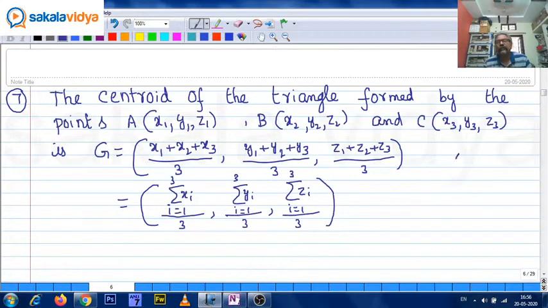Understood now? For example, if you take triangle ABC, this is triangle ABC. In vector notation also we can find it.